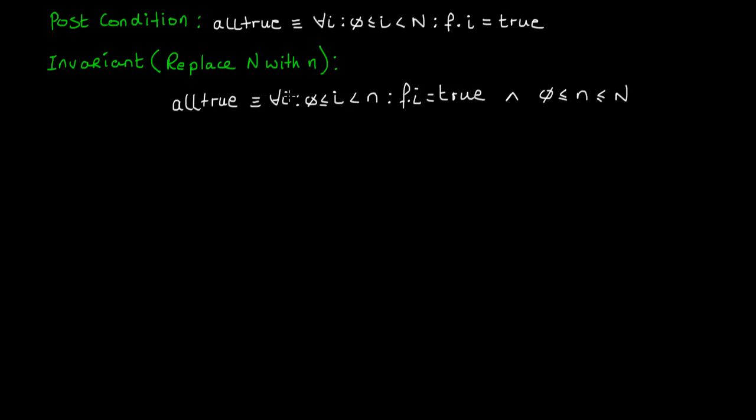Okay, so once we replace the constant N with a variable small n, so the replacement has taken place here, there's large N, there's small n. We're introducing a new variable, and this new variable is going to allow us to have an invariant. It's controlling our invariant, because it's going to have a range.